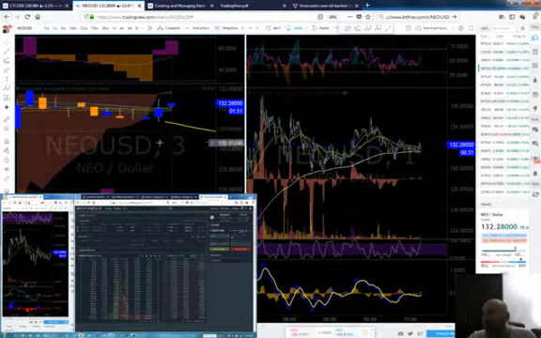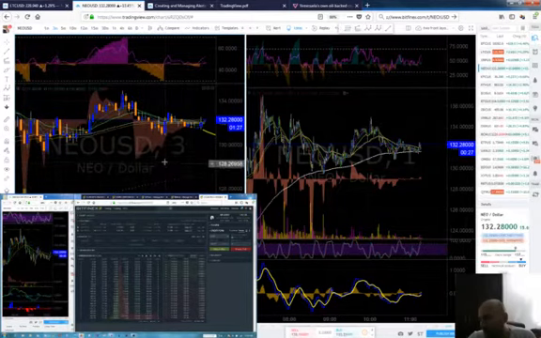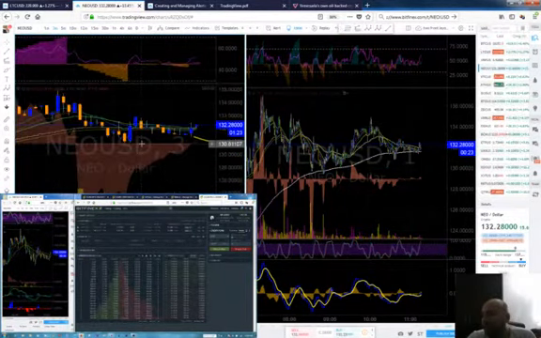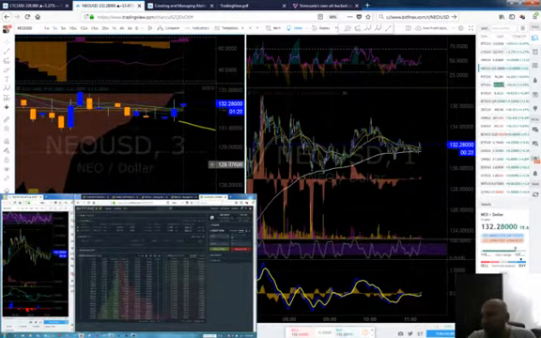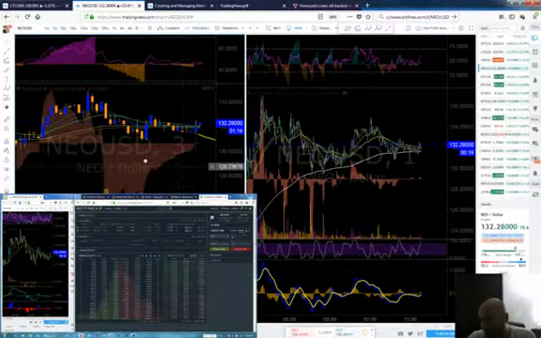Okay, it doesn't look very promising, but who knows? Yeah, it could go up. But my prediction says that it's going to go down, and I will stick to my prediction.